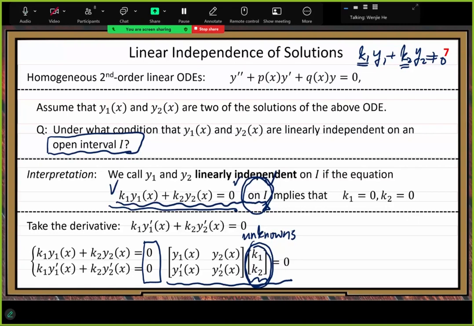First, this linear system, by observation, must have a trivial solution, right? When K1 equals 0 and K2 equals 0, it satisfies this linear system. Because they are both 0, we call it the trivial solution.